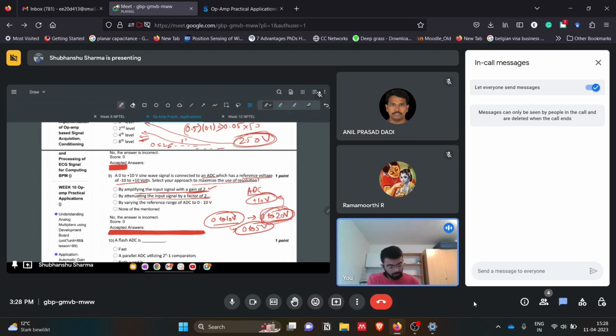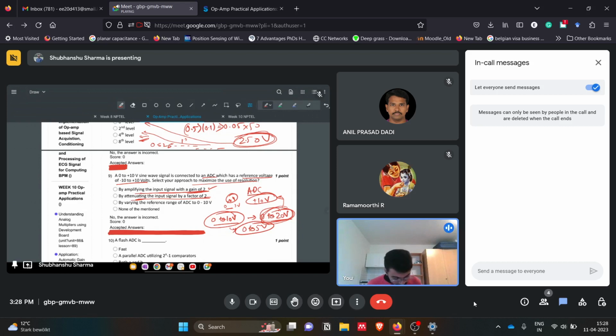Then if we go with the second option, attenuating is anyway not a good practice. Some information may be lost, or if we are having a very small signal, let's say 0 to 1 volt, in millivolts, attenuating it by 2 will make that signal prone to many noises, and we will not be able to get this output faithfully.